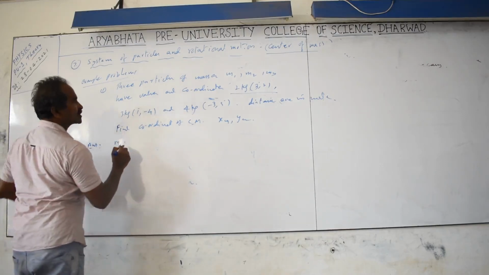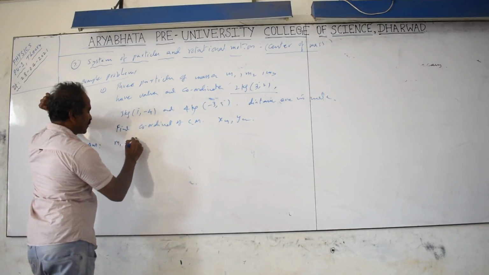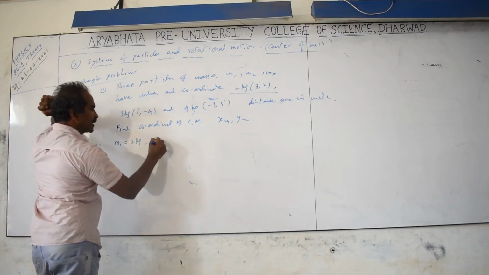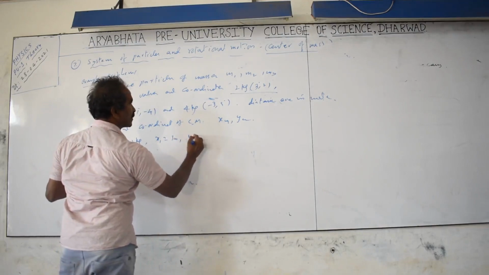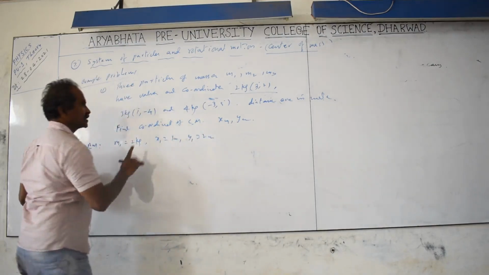Mass m1 is 2 kg, coordinates x1 is 3 meters and y1 is 2 meters. This is in the xy plane only.